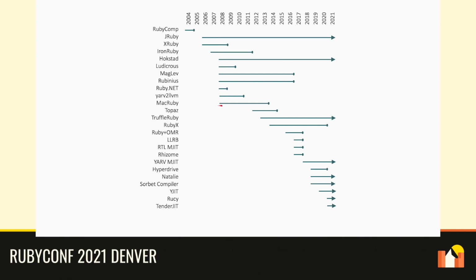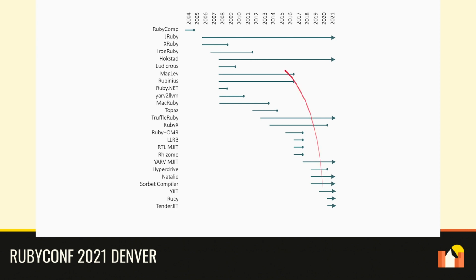And then we had a second wave, which is around 2017. This is the start of the lineage of the compiler we have in MRI today, Yarv MJIT. And then around 2020, 2021, we had another sort of flurry of new compilers being added as well, with YJIT and Sorbet.